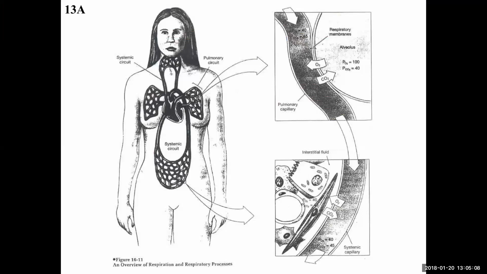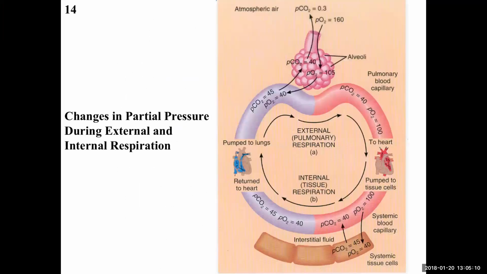Now, the normal composition of air is going to have 78.6% of nitrogen, 20.8% of oxygen, 0.5% of water, and 0.04% of CO2. Now, the pressure at atmospheric level, at sea level, is 760 millimeters of mercury, and that equals 1 atm.